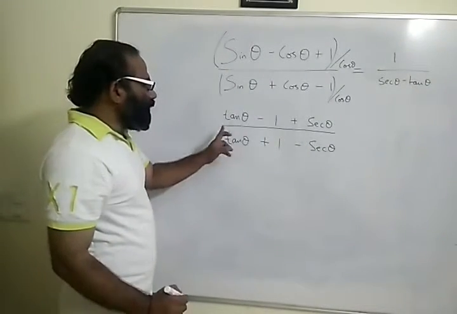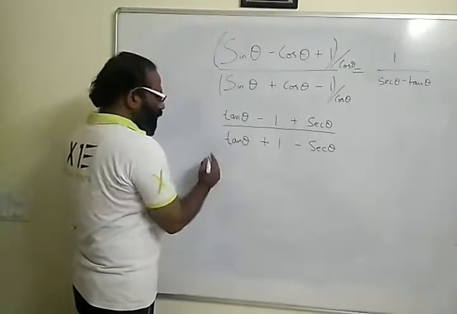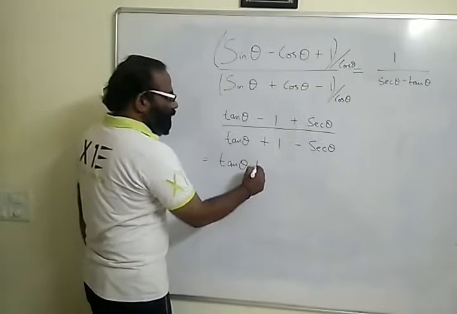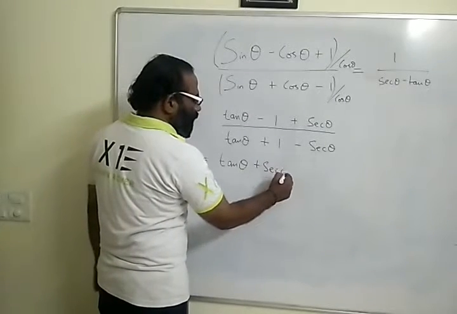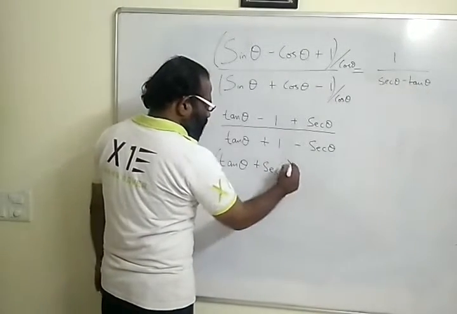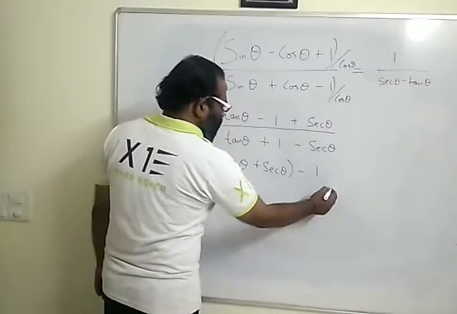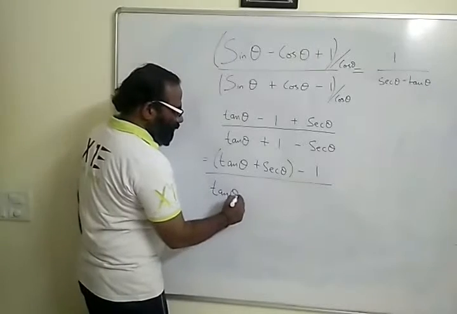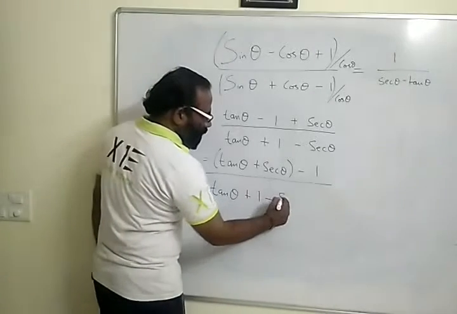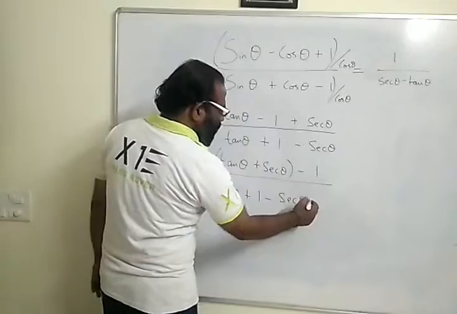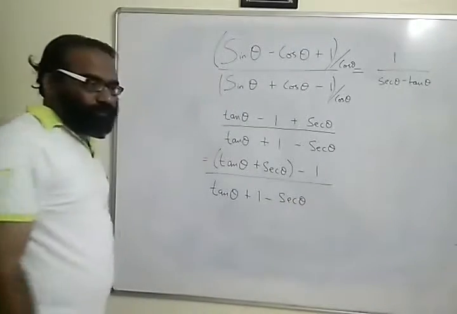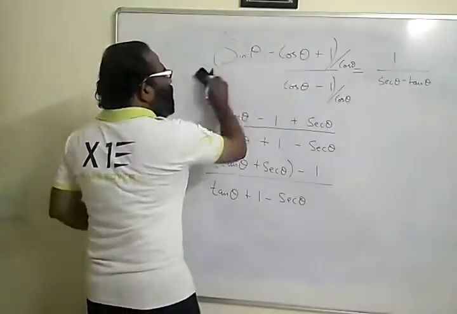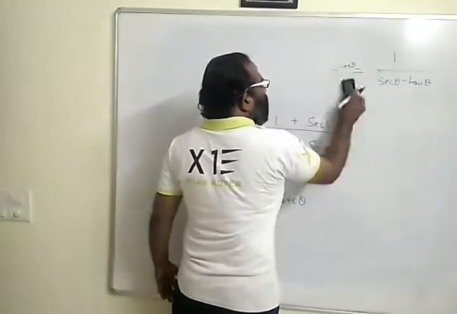Let me reorder this. So I can write this as tan theta plus secant theta minus 1 by tan theta plus 1 minus secant theta. Now, let's go to the next step.